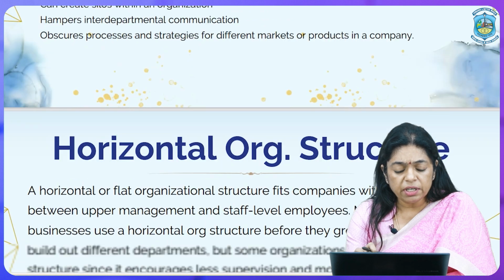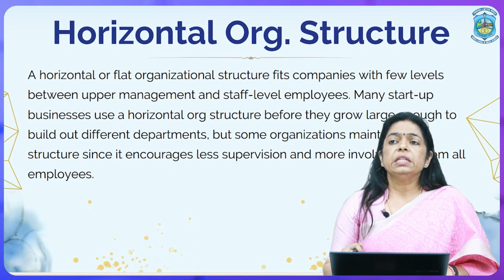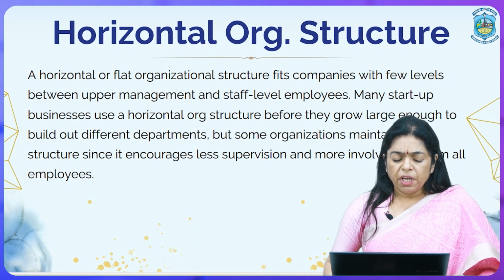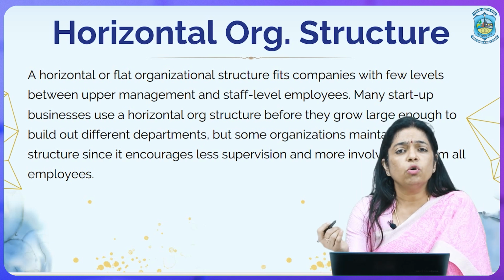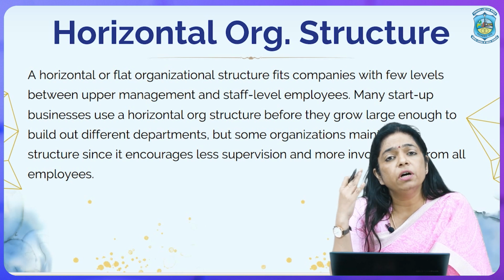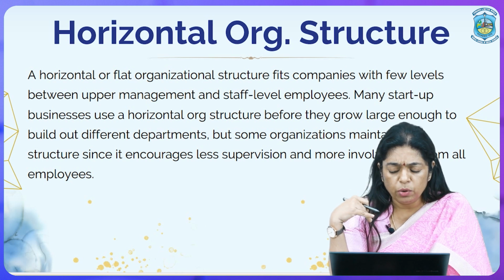Let us move to the third type of organization structure, that is the horizontal organization structure. This is also called the flat organization structure. Now, basically this is also a pyramid shaped structure which follows a top down approach, executives to the middle level to the lower level.